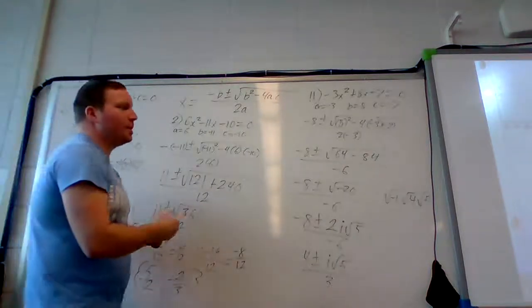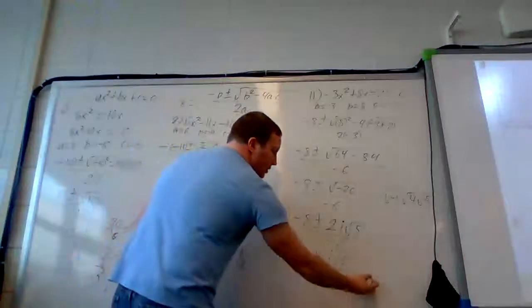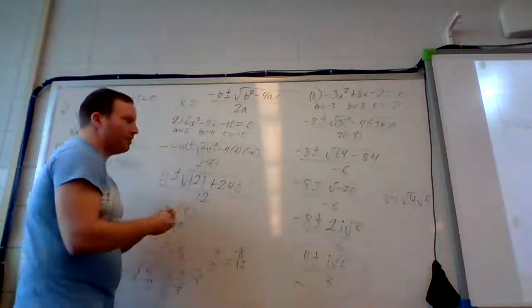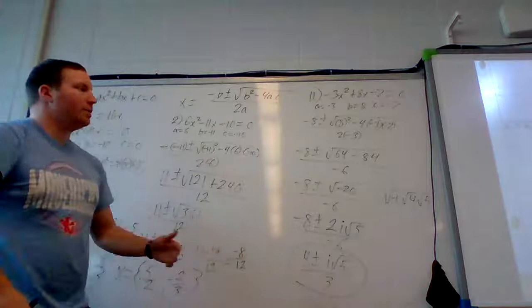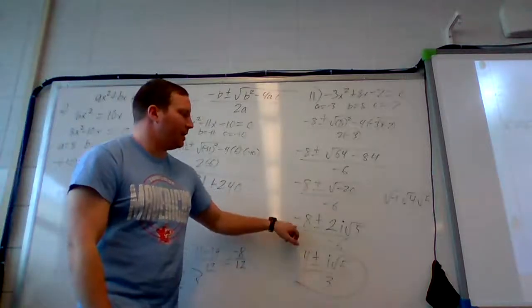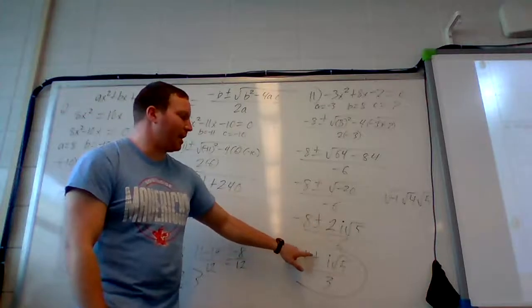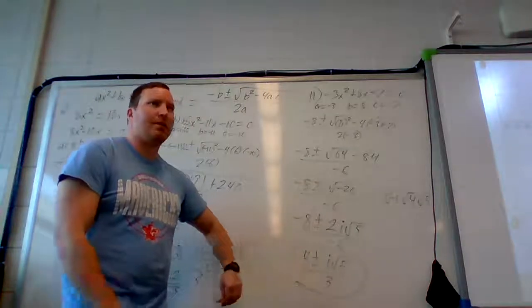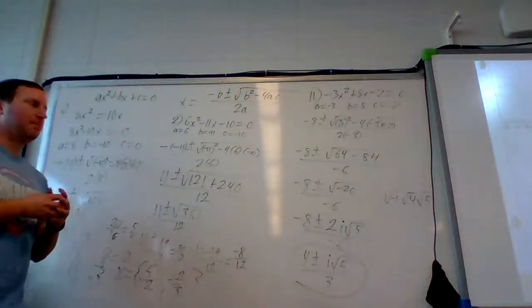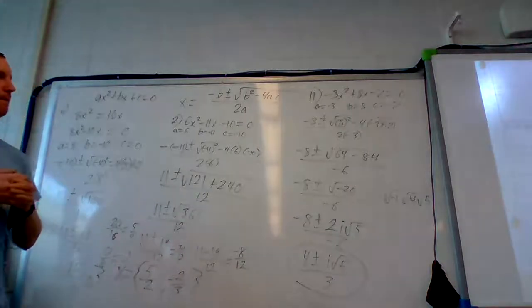I divided everything by that negative 2. Of course, that doesn't really change the sign because we have that positive and negative answer anyway. So here would be our solution to that problem. We can't reduce it any further than that. Let me write that down real fast.